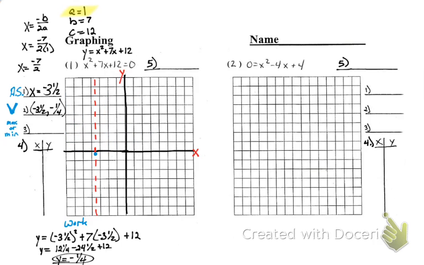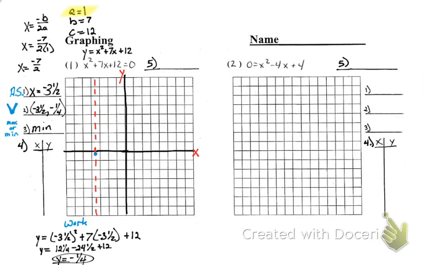I just know that it's going to open up, making that ordered pair the lowest point or the minimum point. It's the lowest point of the parabola. Keep this consistent, make that black. So as far as max or min goes, that is the minimum point.